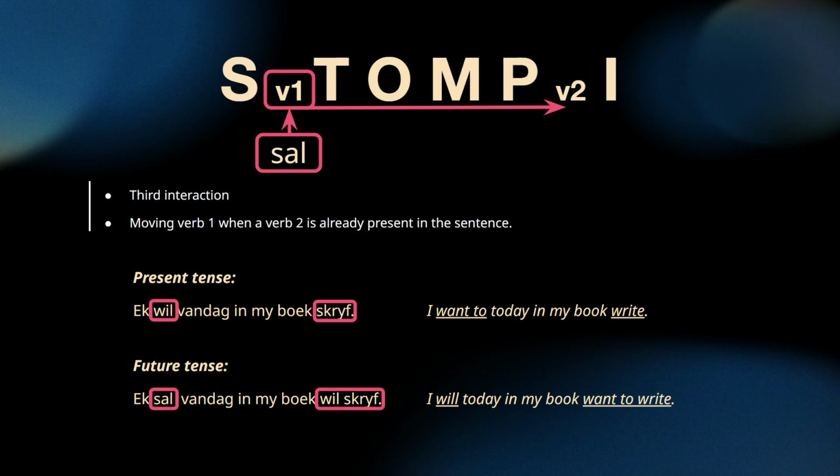In the future tense, I'm going to put sal into my first verb position, and I'm just going to move my verb 1 to my second verb position without it moving past or through any verbs that are already there. For a more detailed explanation of the order that verbs need to be placed in the second verb position, take a look at our video on word order or sentence structure.